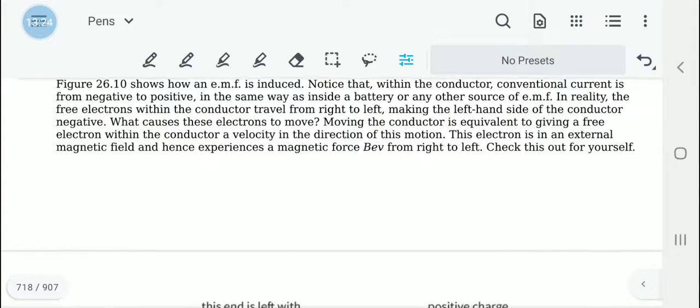As shown in the below diagram, within the conductor, conventional current moves from negative to positive, just as in any other source of EMF.